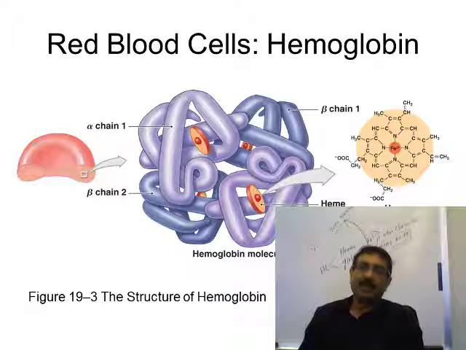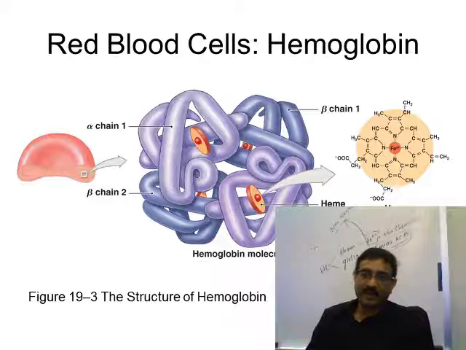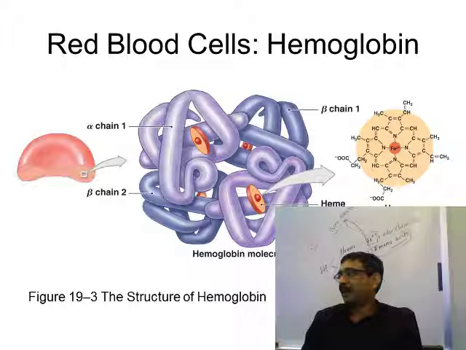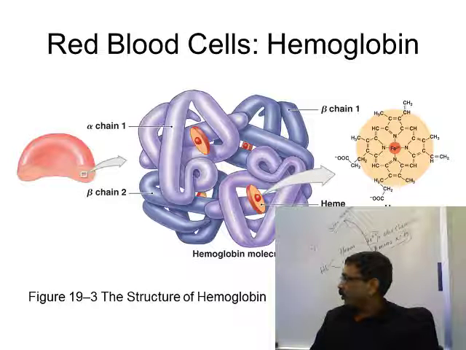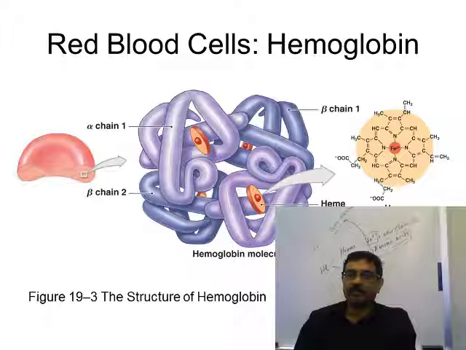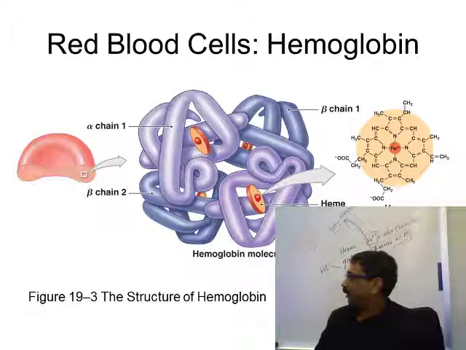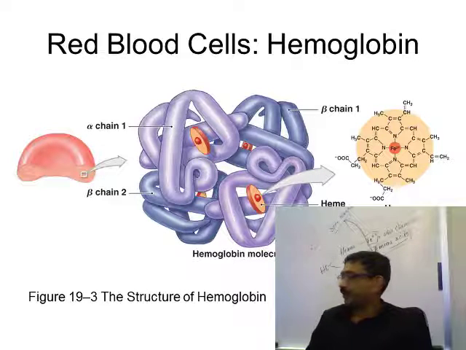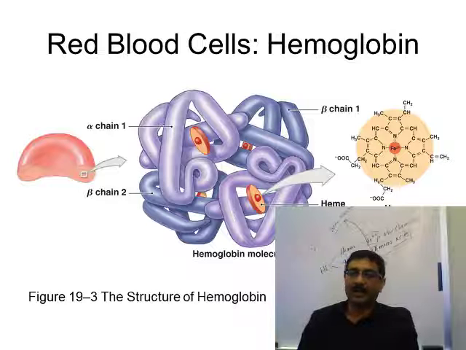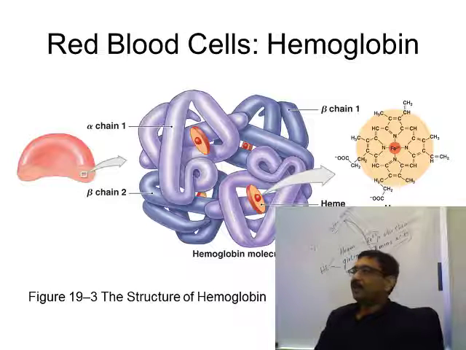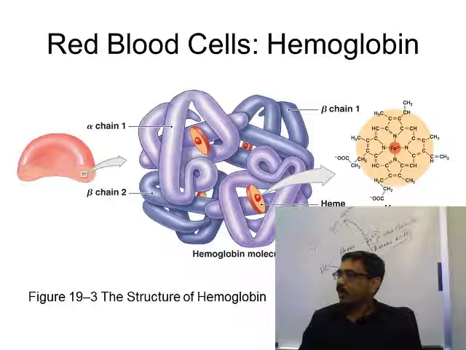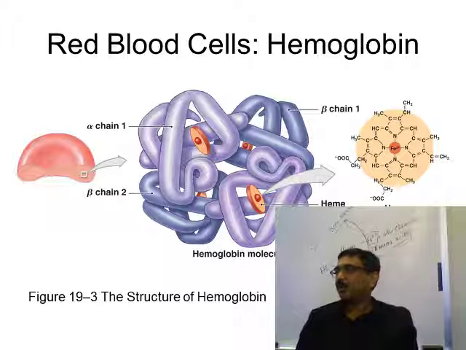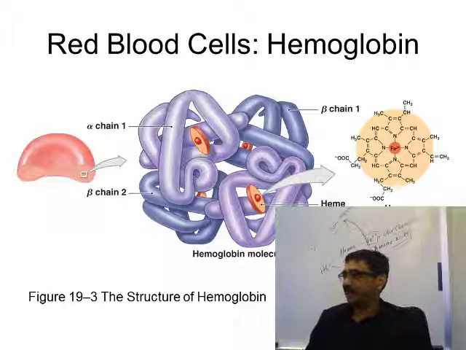In a hemoglobin molecule, you have 4 hemes and a globin. You see those round orange colored shapes, those are heme, and the tube-like structures, that's the globin. Now, each globin has 4 chains, 4 amino acid chains.